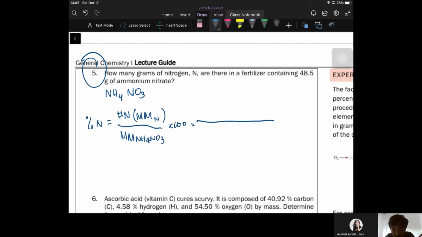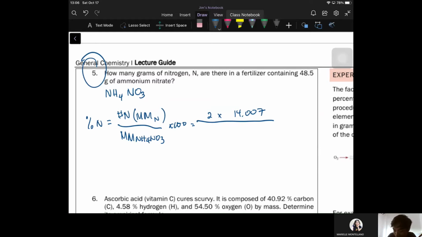So, that's 2 nitrogen atoms. 14.007 ang molar mass niyan. And ang kanyang molar mass ng compound, 14.007 times 2, 1.008 times 4 plus 15.999 times 3.